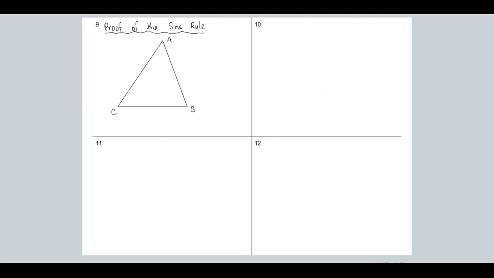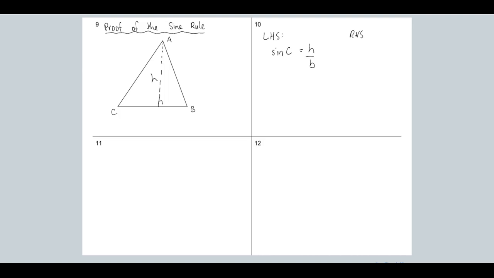You kind of do it basically the same way. You drop a perpendicular line down from A, like so, and we call that the height of the triangle. Now here we go, nice and simple this one. So we've got, on the left-hand side, so I'm just going to do LHS for left-hand side, we've got the sine of C is equal to opposite over hypotenuse.